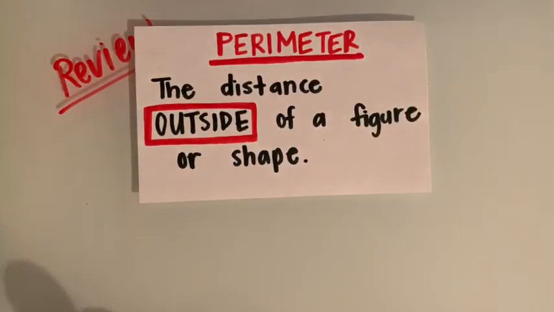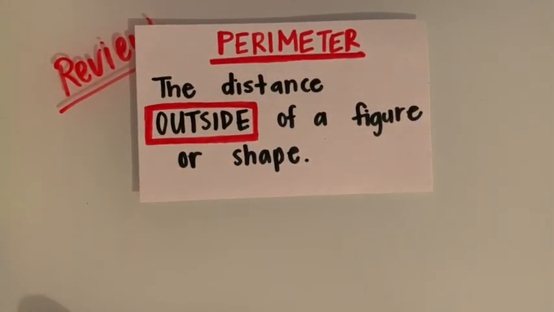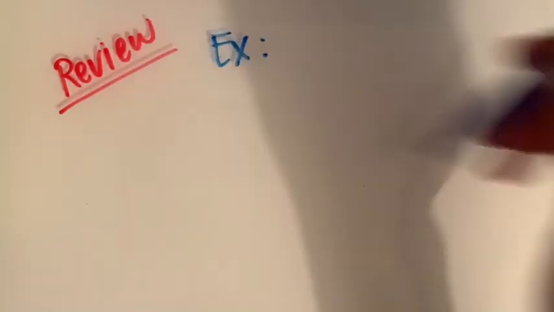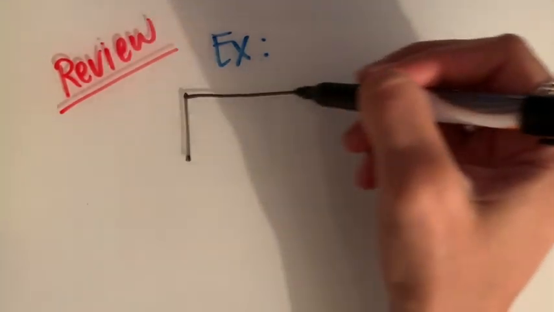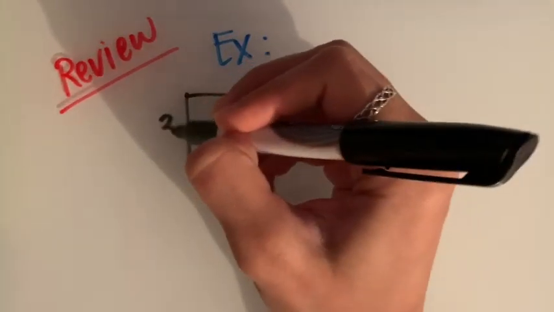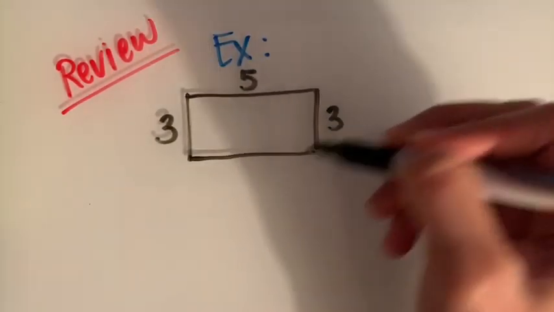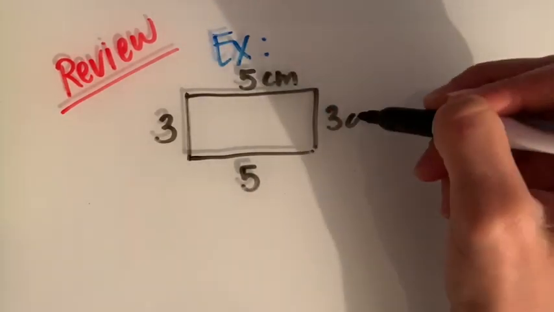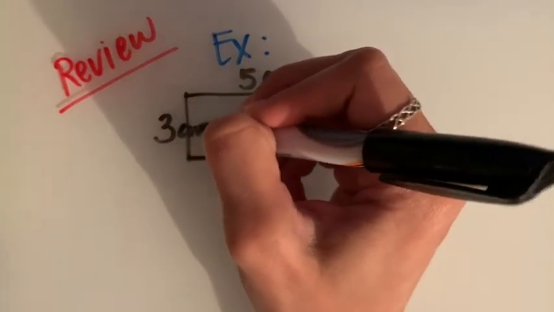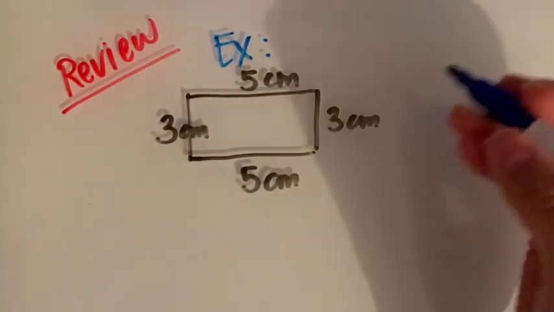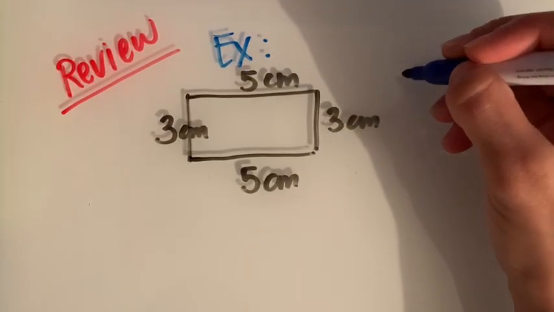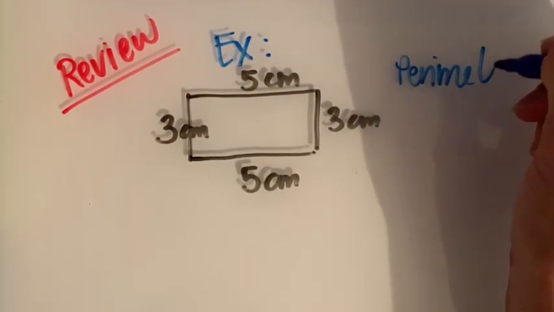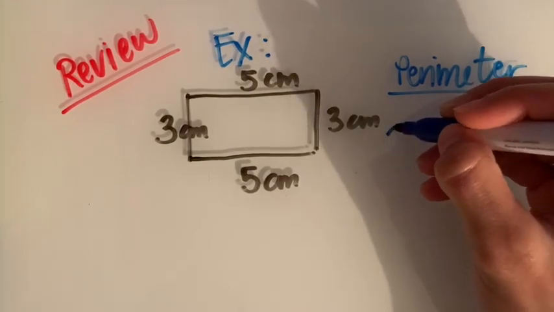Last time we talked about perimeter, and perimeter is the distance outside of a figure or a shape. Remember, it's the outside of it. So, for example, we have this rectangle here, and one side is 5, the other's 3, then 3 again, and 5 centimeters. We start by looking at one of the sides, which is 3.